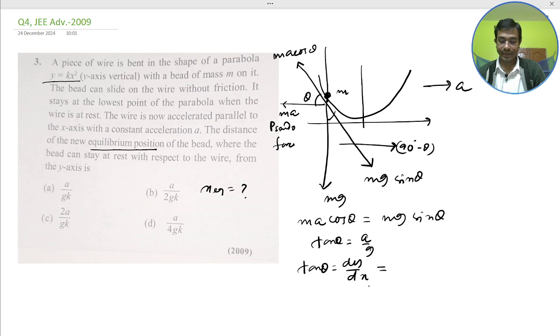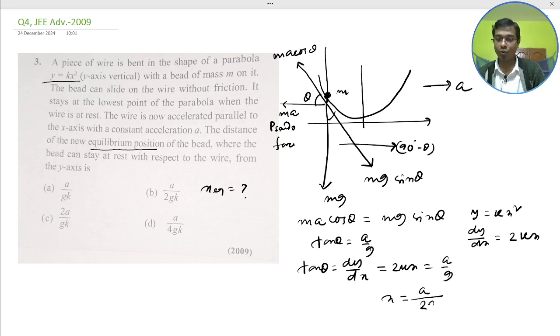So dy dx, y equal to k x square is given, so dy dx would become 2kx. Put the value: 2kx, tan theta equal to a by g. So x, the equilibrium position, would be a by 2gk. B would be your correct answer, a by 2gk.